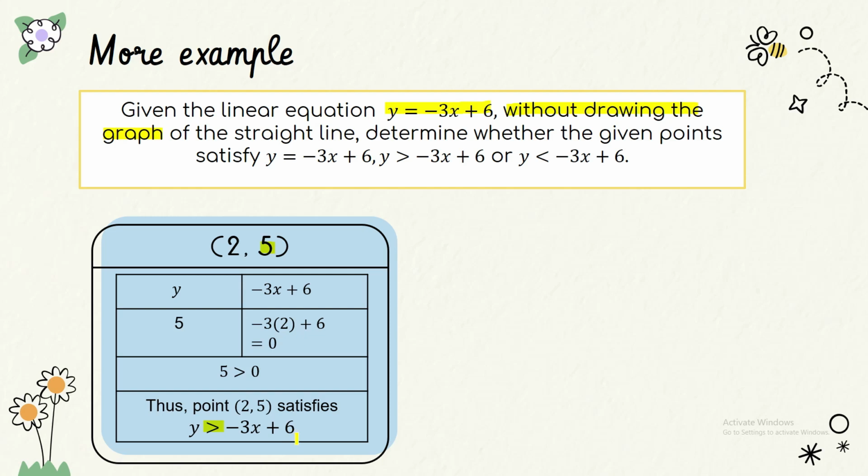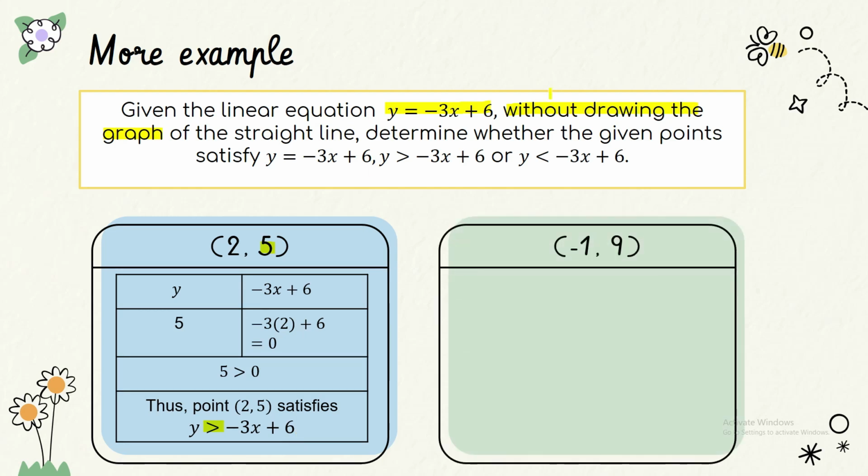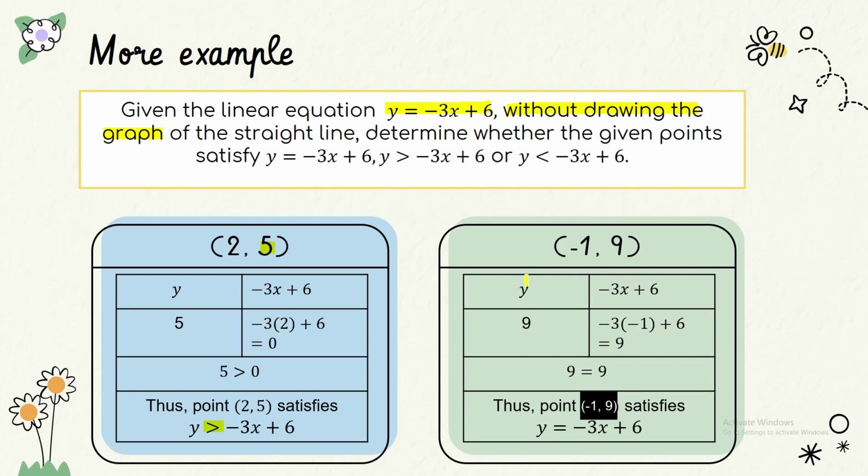Okay, for more understanding, I will show you one more point, which is negative 1, 9. Okay, draw this table. Okay, like this. This is y and this is the equation.